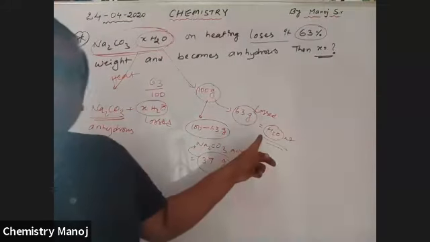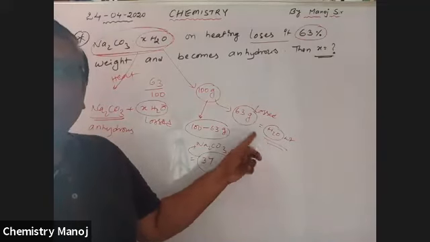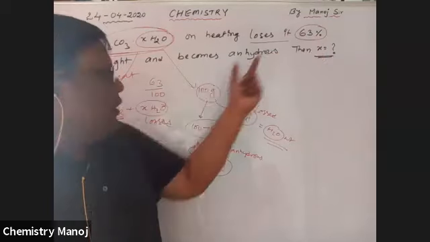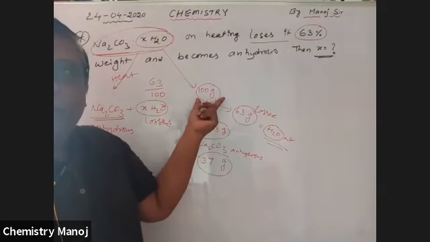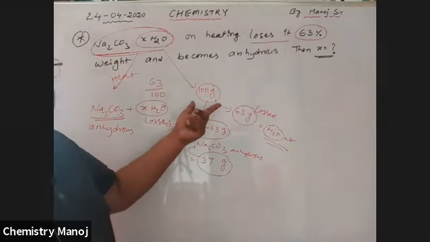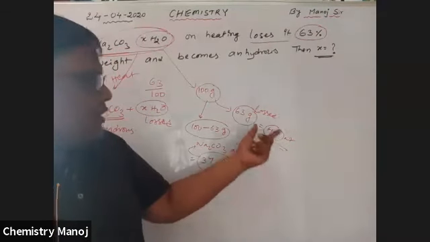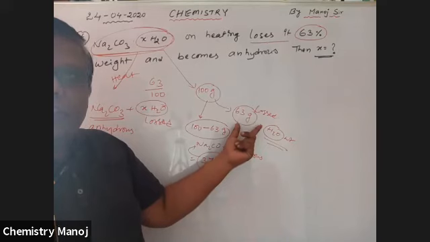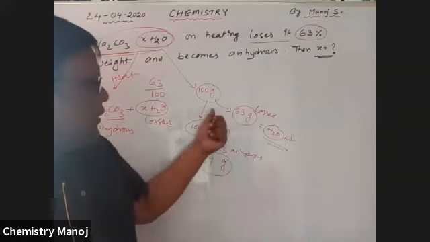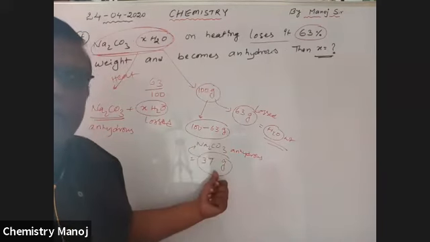Up to this, is this clear? Because it is a percentage, I am taking 100. If 100 grams of this total substance is heated, 63 grams is lost because of the percentage. The loss weight is equal to water weight and the remaining weight is equal to anhydrous.